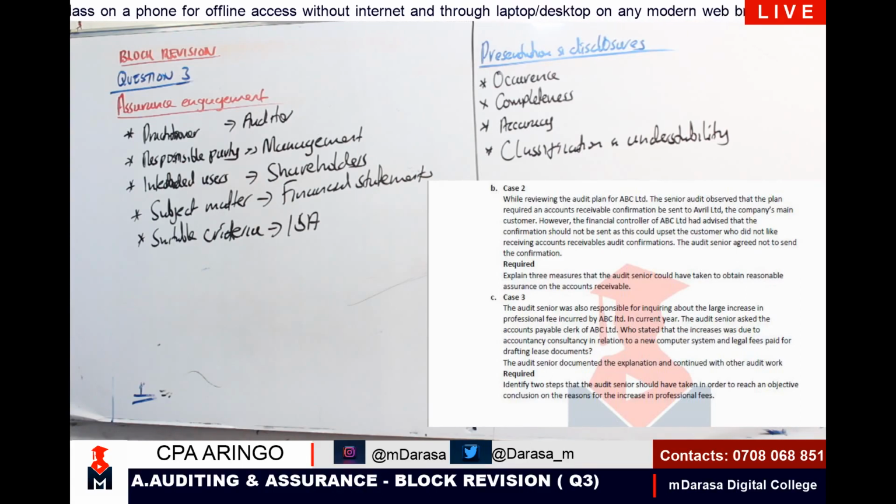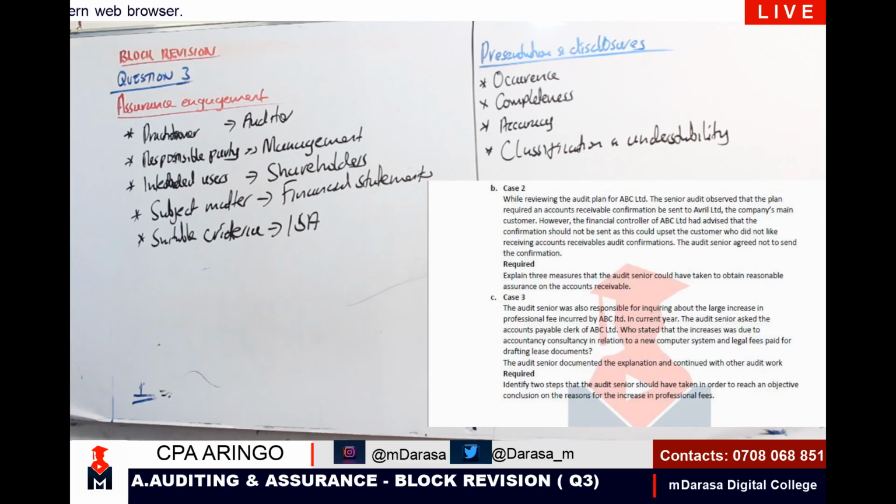The audit senior asked the accounts payable clerk of ABC Limited, who stated that the increase was due to accountancy, consultancy in relation to a new computer system, and legal fees paid for drafting lease documents. The audit senior documented the explanation and continued with other audit work.